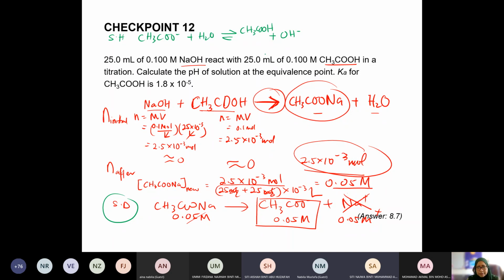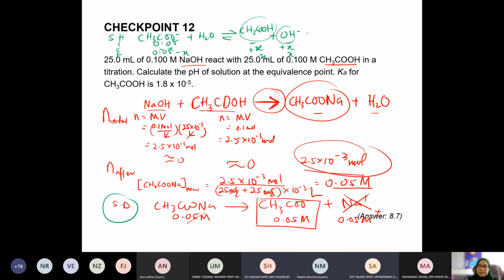So you may use ice table ataupun you may use the alternative method. Kalau you nak guna ice table, just to have the ice table. Initially just now kita dah ada 0.05. Initially we don't have these two. After a while it changed. This is how much is changed. 0.05 minus x, x, x.